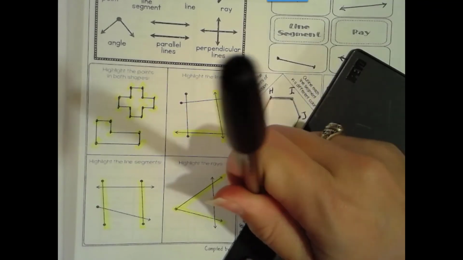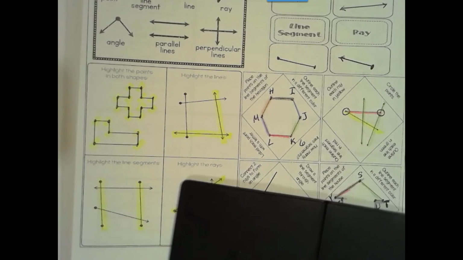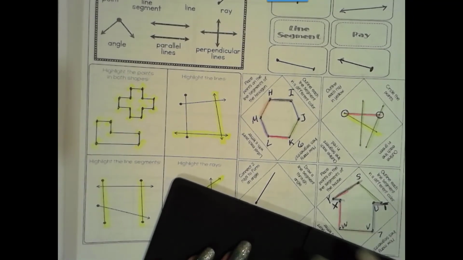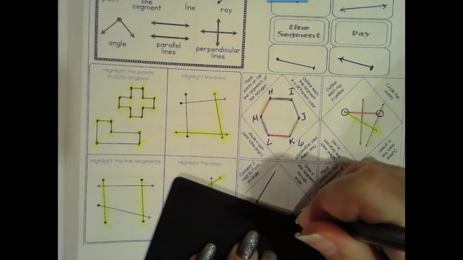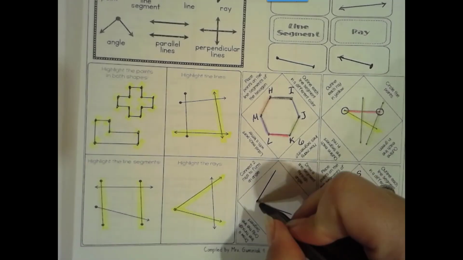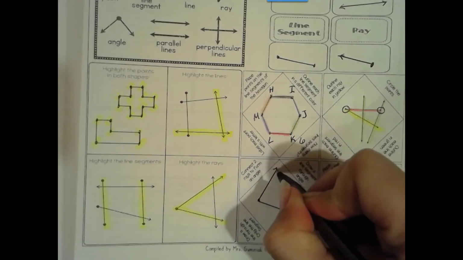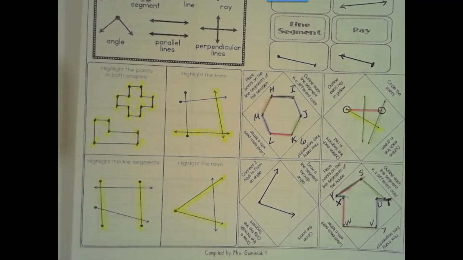So we need our straight edge. Okay, yours doesn't necessarily have to look exactly like mine, but you do want it to be something like this, where you have one endpoint and then two rays. Remember to put your arrows on your rays, and you do need to use a straight edge.